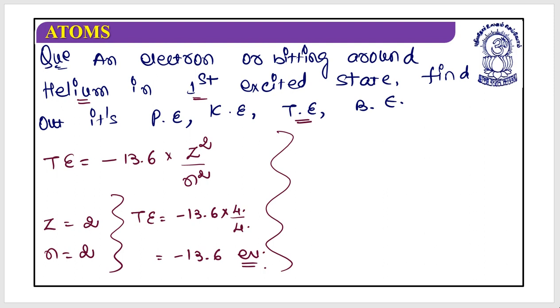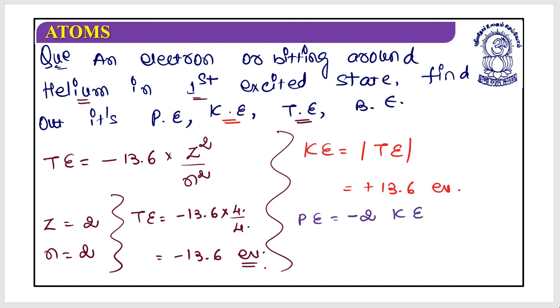Next it's time for the kinetic energy. I must understand that kinetic energy is equal to the mod of the total energy. So this is equal to plus 13.6 eV. I understand that potential energy would be twice the kinetic energy but negative.